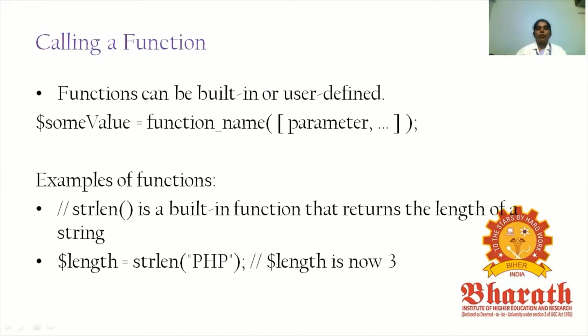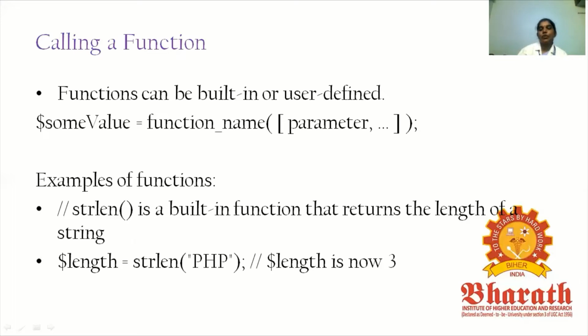Next, see how to call a function. A function can be built-in or user-defined. So far we have discussed the types, user-defined and built-in. Now we see how to call a function. See the example: $sum value is equal to function name of argument.